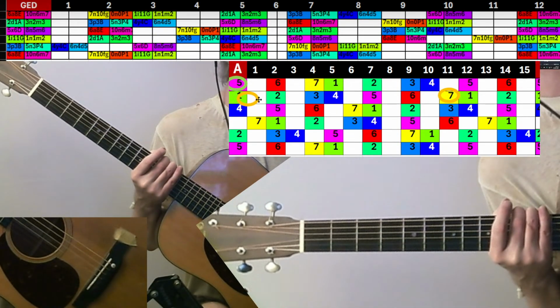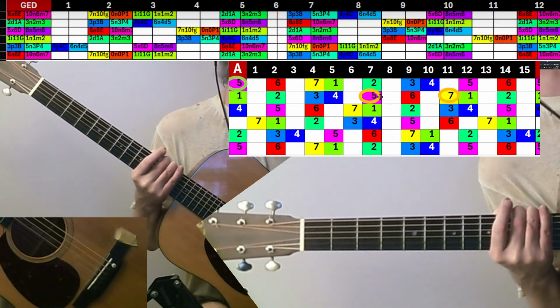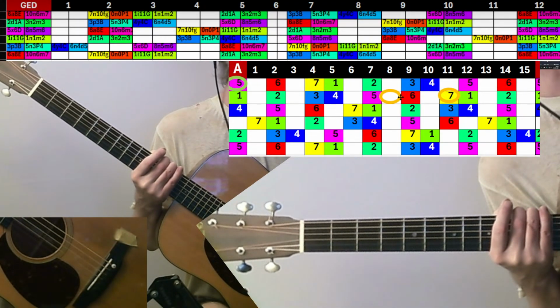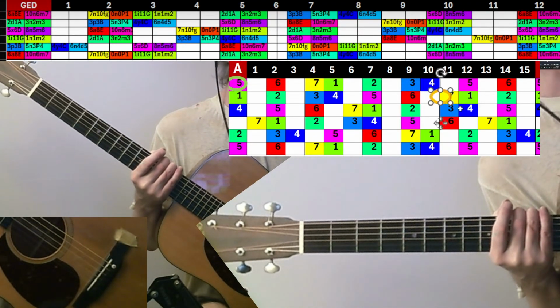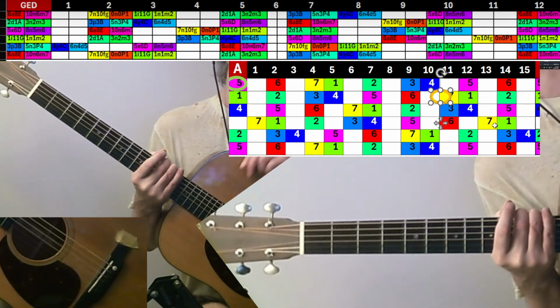So it would be 5, 6, 7, 8, 9, 10, 11, 12. Repeats, then starts over. If I want local distances, 1, 2, 3, 4. 4 notes away. That means I can smear into it by going from the minor to the major if I'm thinking about it this way.